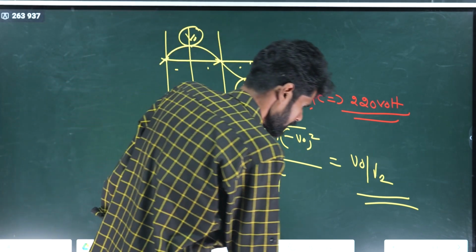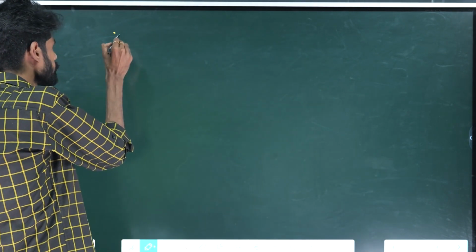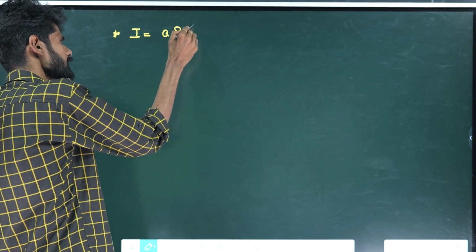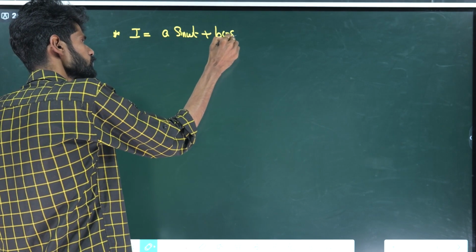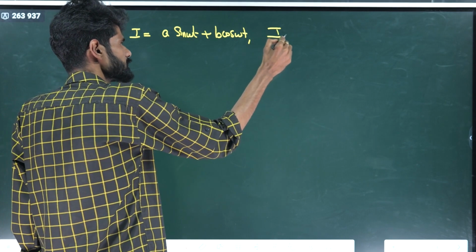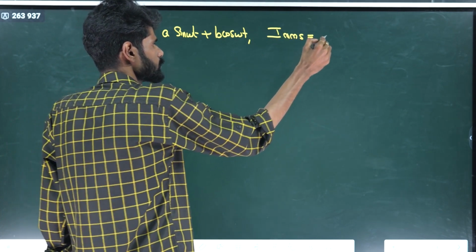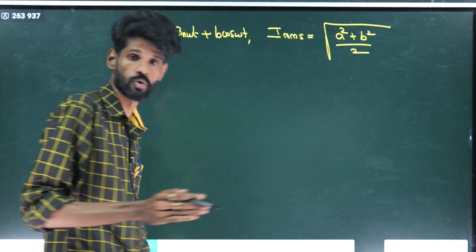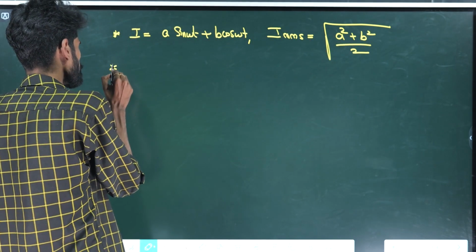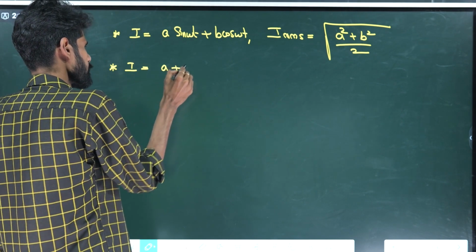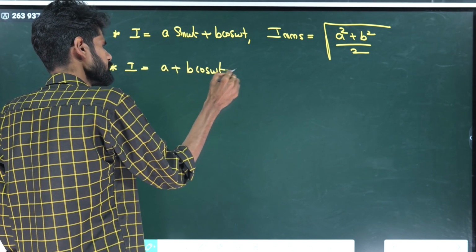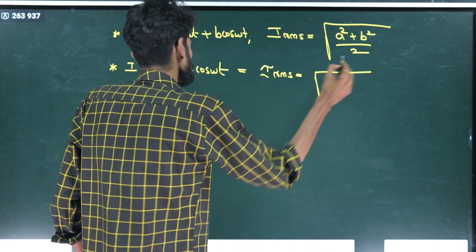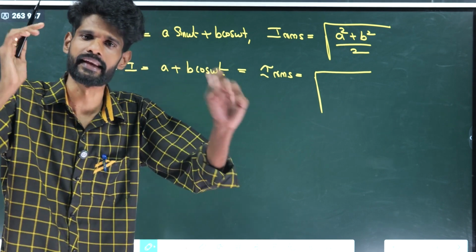And also there are combinations. I is equal to A sin omega t plus B cos omega t. For this combination, the RMS value is equal to root of A square plus B square divided by 2. Now I is equal to A plus B cos omega t. So here the current is a combination of a DC component and an AC component.